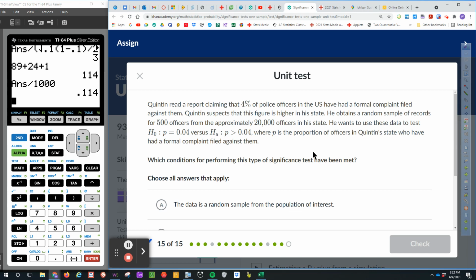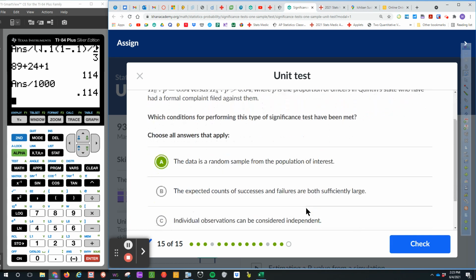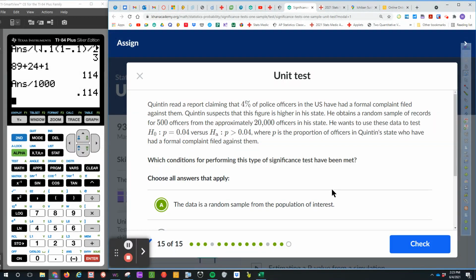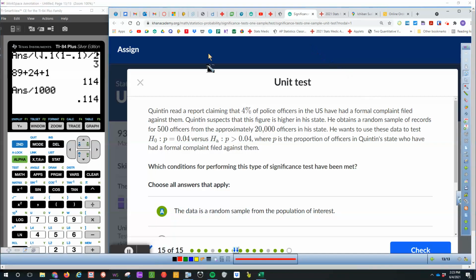So there are 3 conditions. So first of all, is that random? Okay, that's random. And the expected counts of successes and failures are sufficiently large. So we have to use this formula, right? n times p has to be greater than or equal to 10, and n times 1 minus p is greater than or equal to 10.